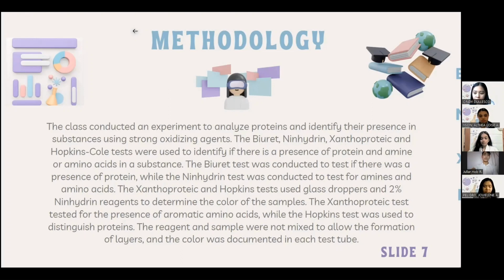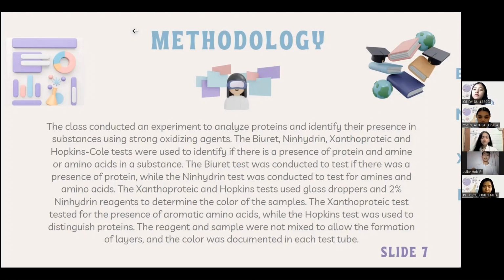And for the Hopkins-Cole, the samples tested for proteins were distilled water, glycine, tyrosine, tryptophan, and albumin. In this test, 1 ml mixture of each sample was added to a clean test tube and then filtered, and 1 ml of concentrated sulfuric acid was slowly poured into each test tube.